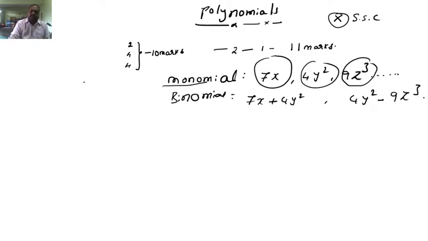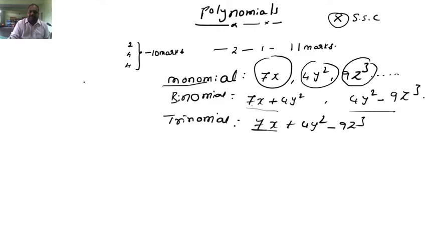In these polynomials, there are 2 terms, so these are called binomials. Trinomial means having 3 terms. 7x plus 4y square minus 9z cube. This is a trinomial. 3 terms: 1, 2, 3.